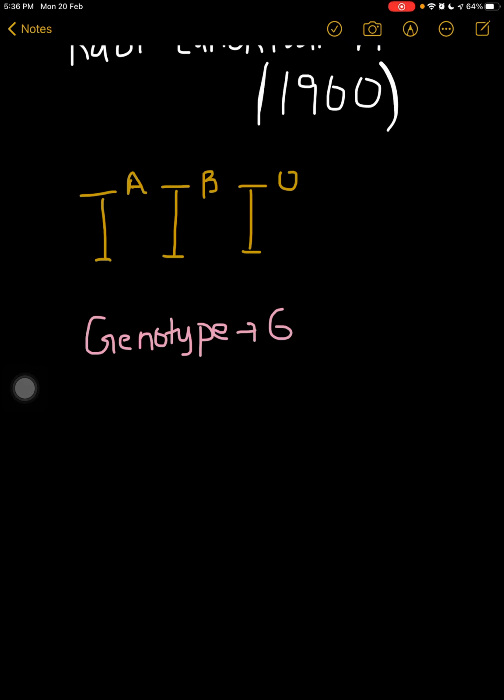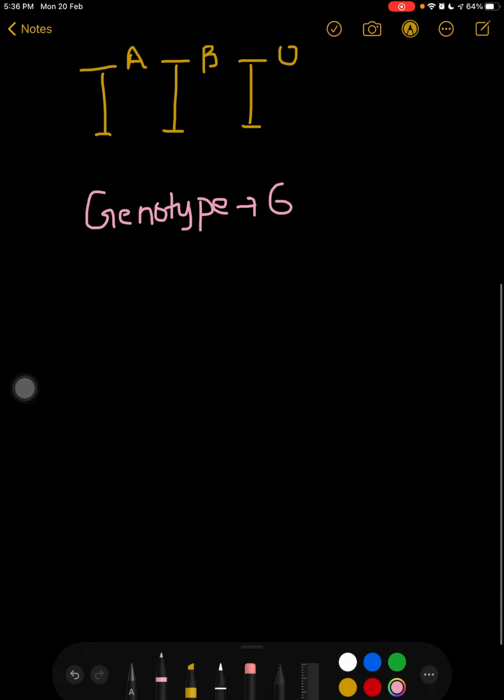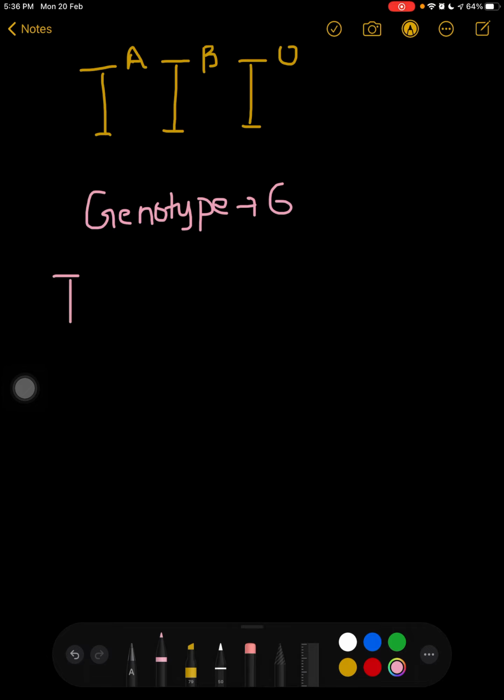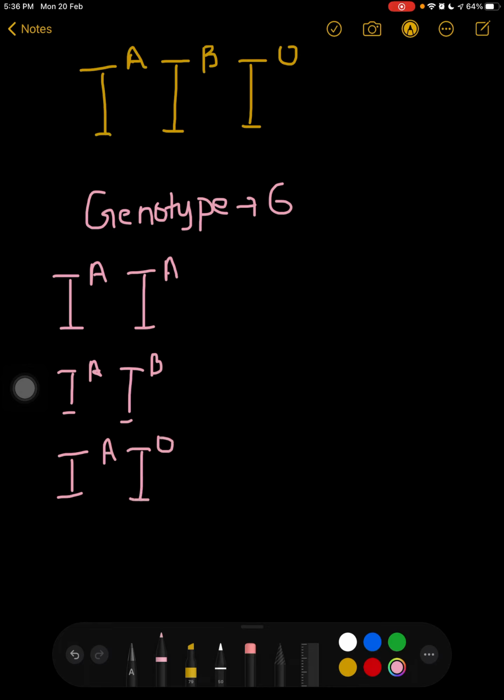Now let's look into how we have 6 genotypes. It can be IAIA, it can be IAIB, it can be IAIO.